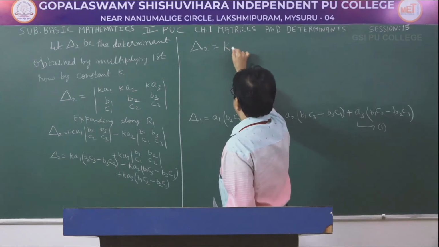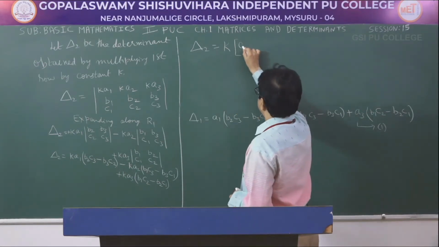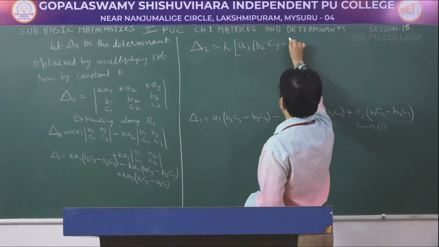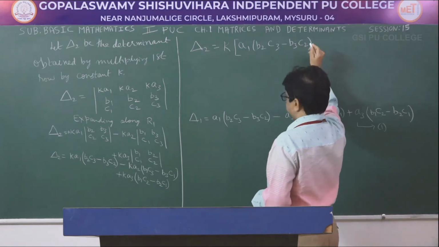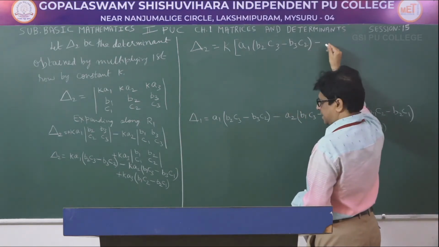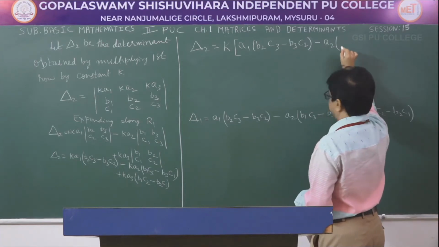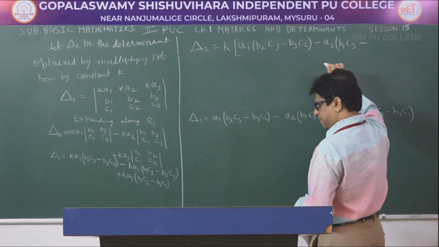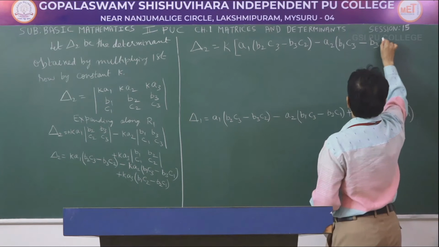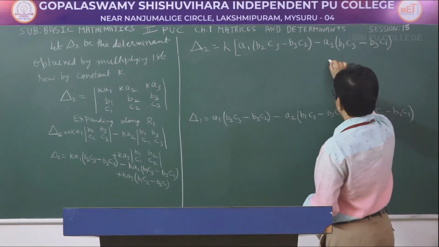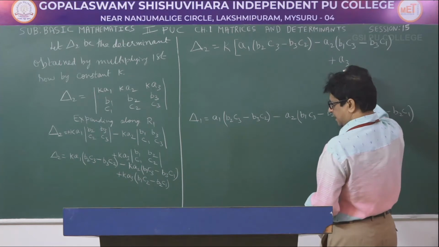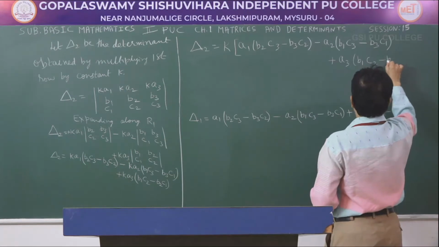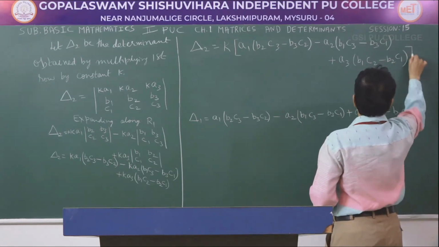So, if we take k common, we have a1 into b2 c3 minus b3 c2, minus a2 into b1 c3 minus b3 c1, plus a3 into b1 c2 minus b2 c1.